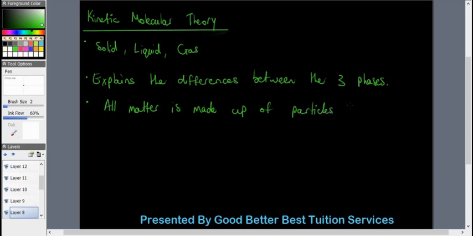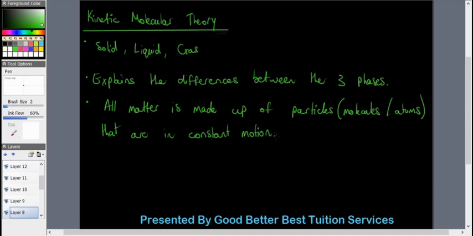Particles, which are referred to as either molecules and/or atoms, that are in constant motion. Great. So now we're going to have a look at all these supposed particles, because remember, it's a theory, that theoretically exist in all three phases of matter.